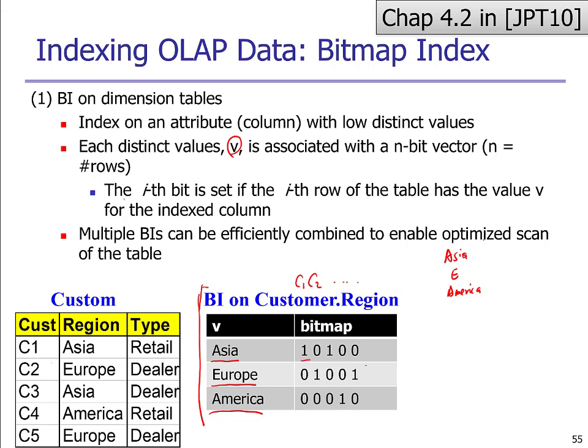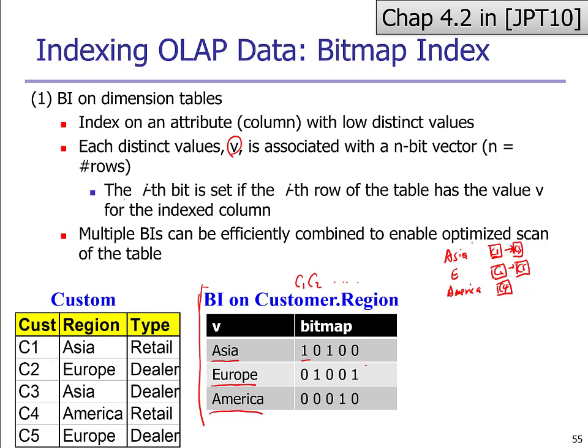And for each hash key, we actually maintain a list. So this is C1, this is C3, this is C2 and C5. This is C4, right? So you can do the computation.